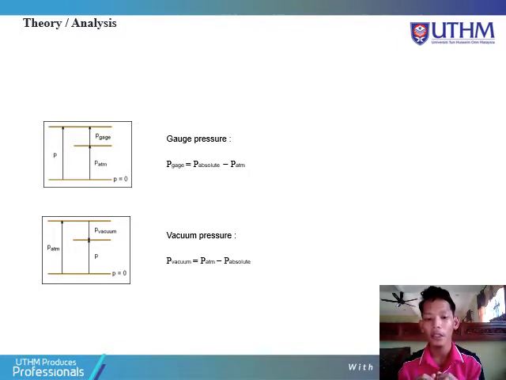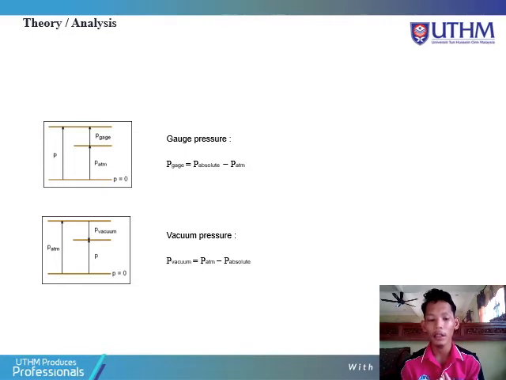Absolute pressure is defined as pressure measured in relation to absolute zero pressure. Pressure measuring equipment, on the other hand, frequently uses gauge pressure, which is measured in relation to atmospheric pressure.